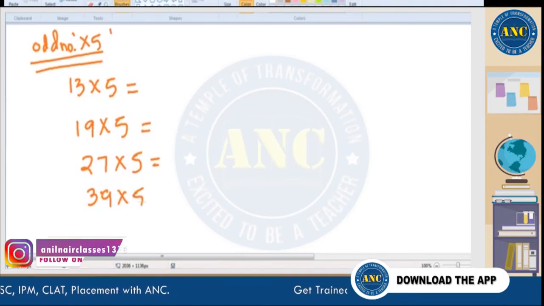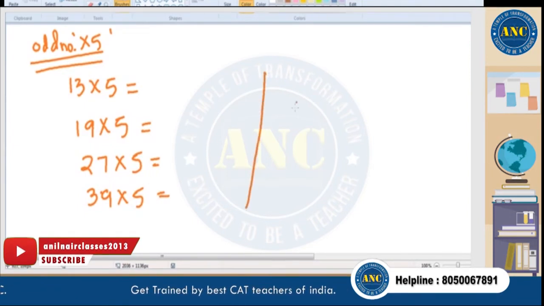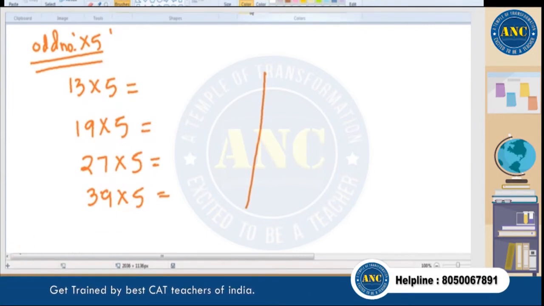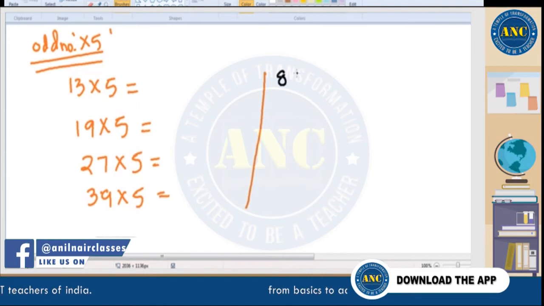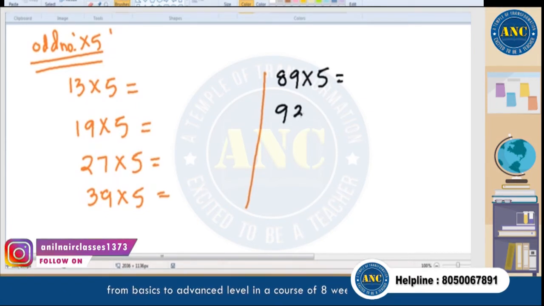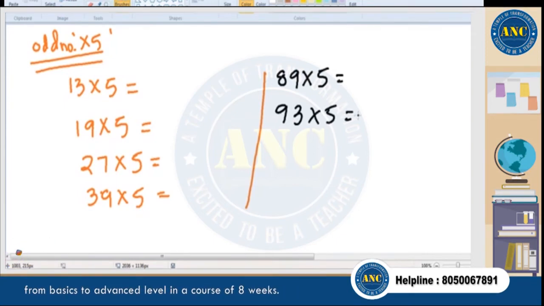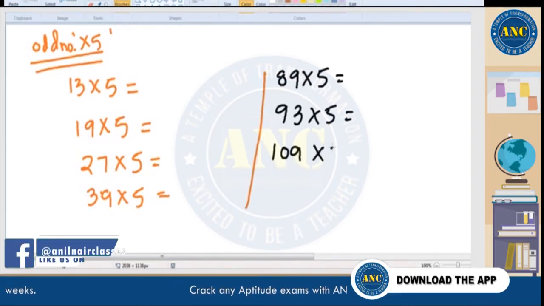Next, 39 into 5. All these are 2-digit numbers, sir. Step by step I am increasing the length of the number. Let it be 89 into 5. Let it be 93 into 5. Any number you can give me, I can multiply it, sir. Let it be 109 into 5.